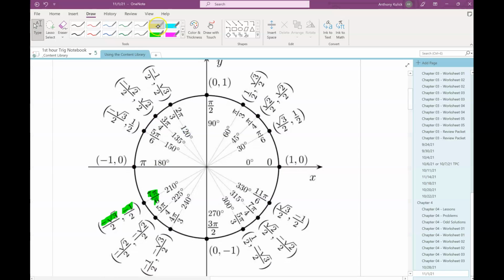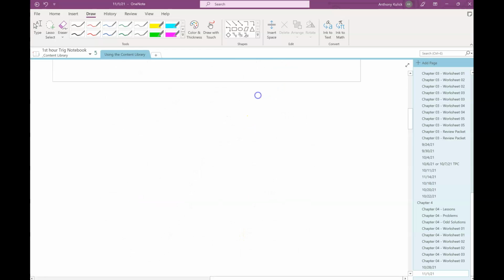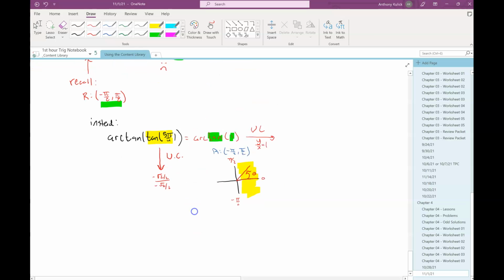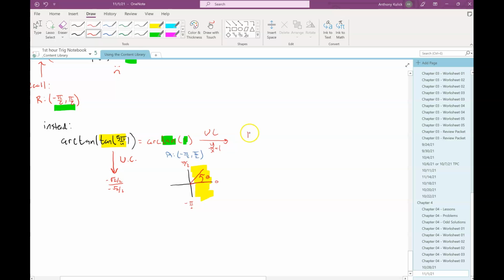So looking in quadrant 1, the place where the x and y coordinates are the same is here at pi over 4. Everybody's okay there? And that should be my answer. We okay with that?